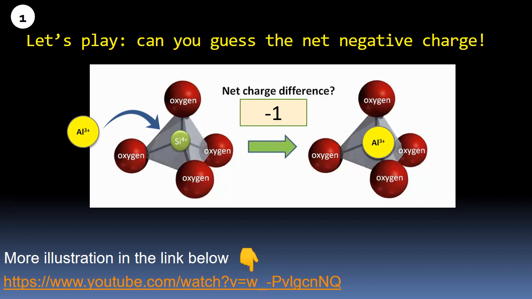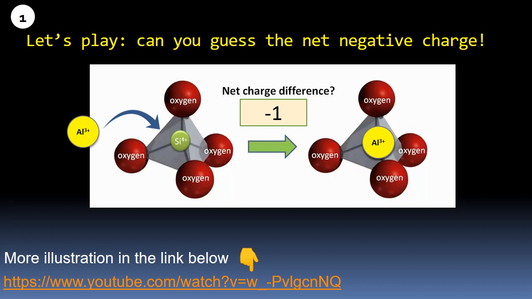Remember each one of the oxygens is basically -2. So when you replace it with aluminum, it can still attract 4 oxygen atoms, but it will end up with 1 negative charge.